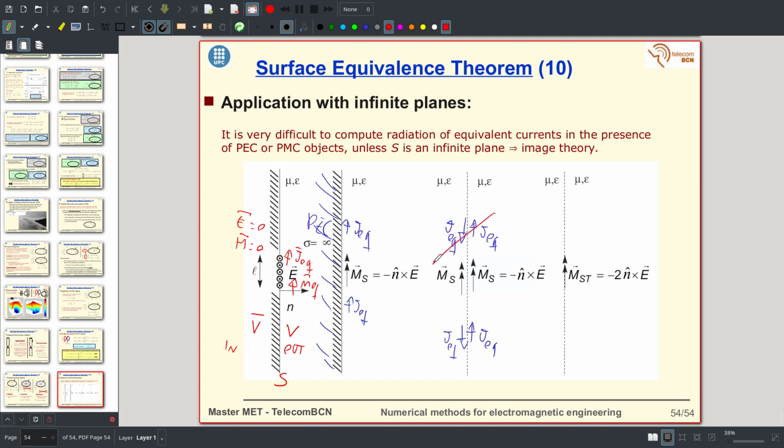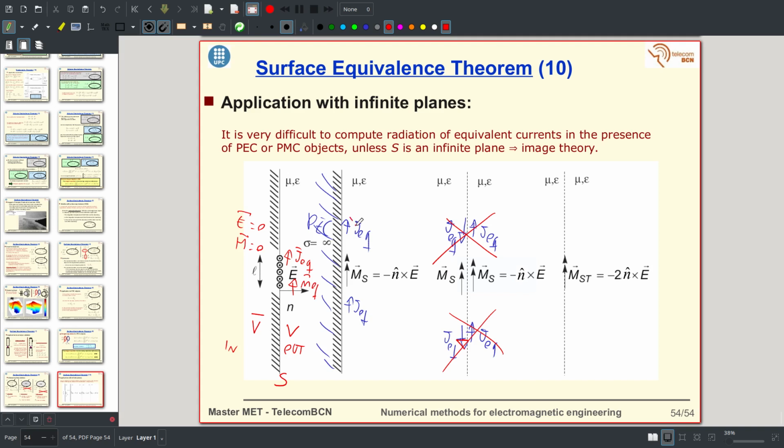This is the reason why the electric current in the surface of a perfect electric conductor does not radiate. It is very clearly seen if the perfect electric conductor is an infinite plane. We can see that there is an image current, also parallel to the conductor, located at the inside of the surface, that cancels out the current on the outside.